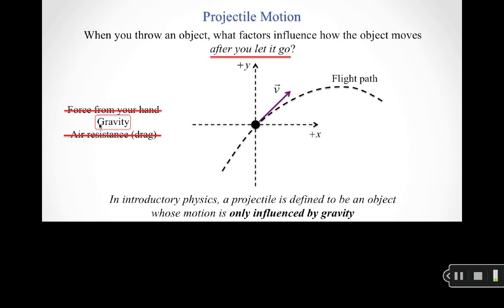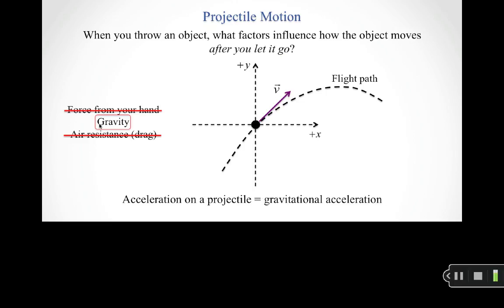So projectiles, we only have to worry about gravity. Okay? Which means that the acceleration that acts on a projectile is simply due to gravitational acceleration. And I know that local gravitational acceleration always points downwards, which tells me what the acceleration acting on my object does.